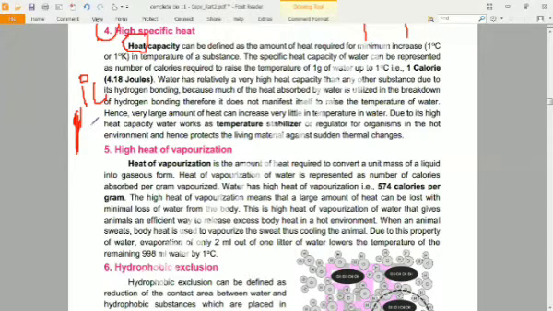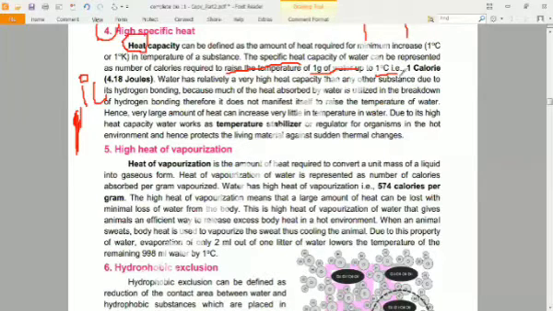So that is heat capacity. But if we talk about the high heat capacity of water, to raise 1 gram of water by 1 degree Celsius, how much energy is required, from its normal temperature to 1 degree higher?